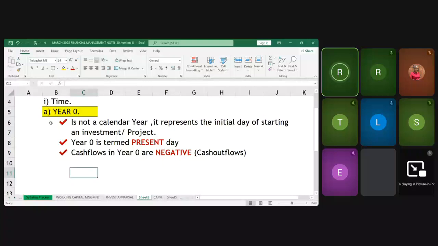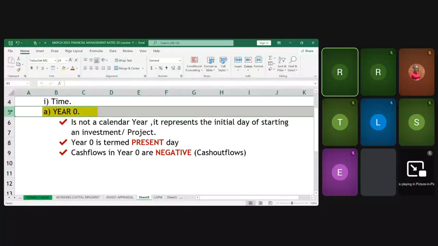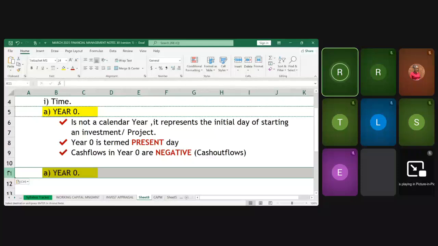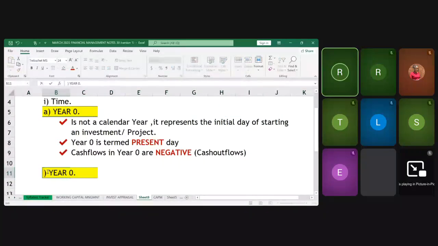Now, let us look at year one going forward. That is B in terms of our timing, right? So let us look at B, year one. So we have year one going forward.